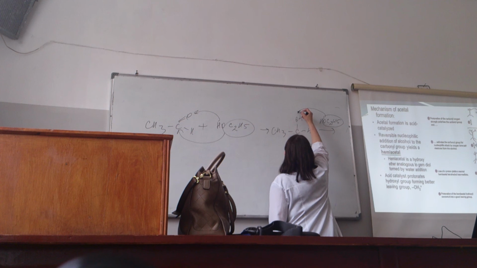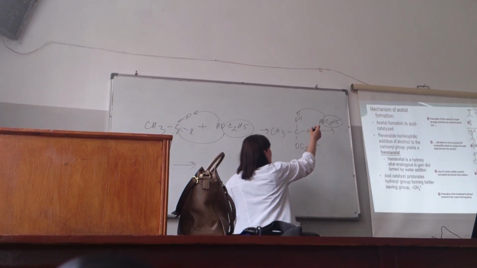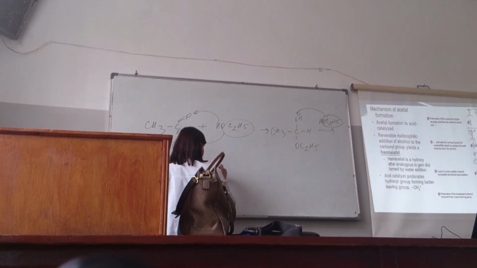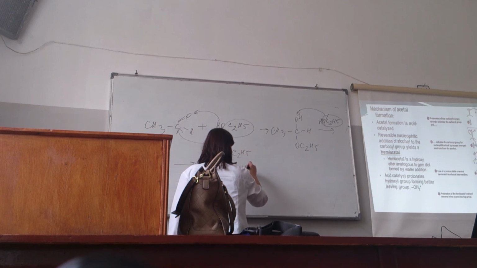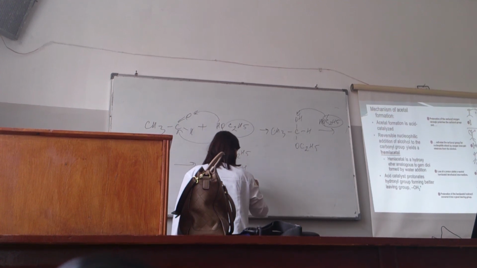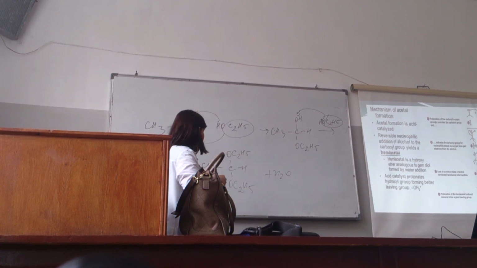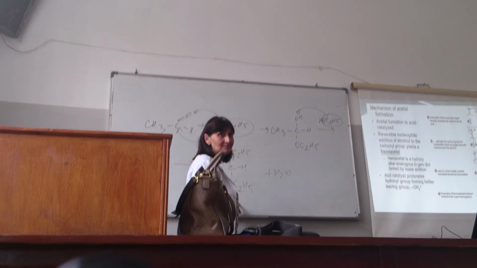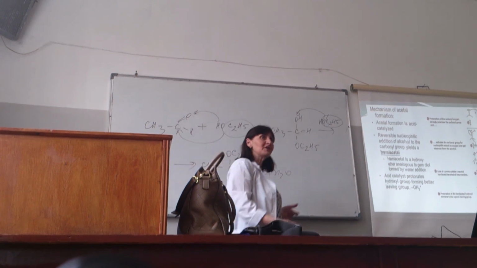And you get CH3, CH, OC2H5, OC2H5, plus H2O. This is hemiacetal, this one is acetal. Hemiacetal and acetal. From ketone you get hemiketal and ketal.